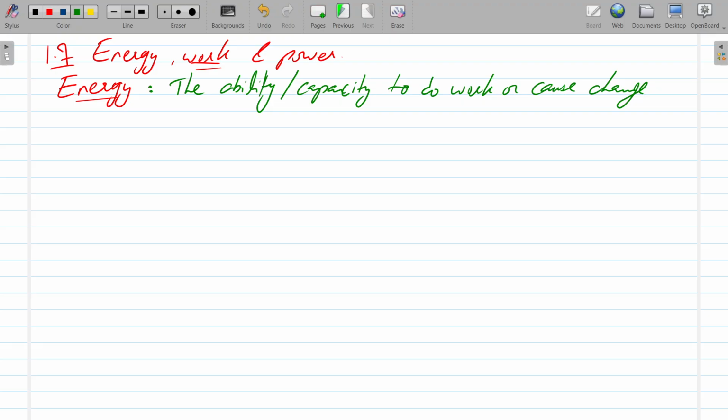Right? And so this ability could be in the form of, or usually is in the form of, exerting a force to cause something to move or change.